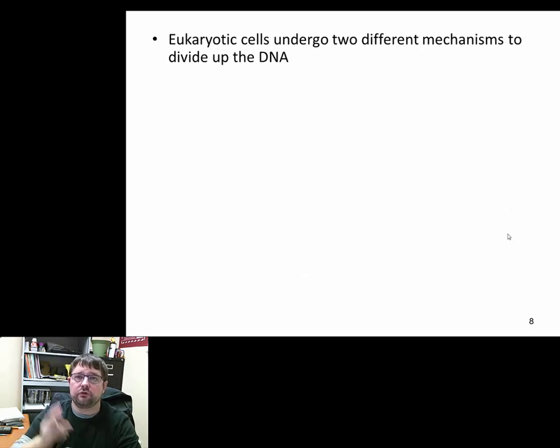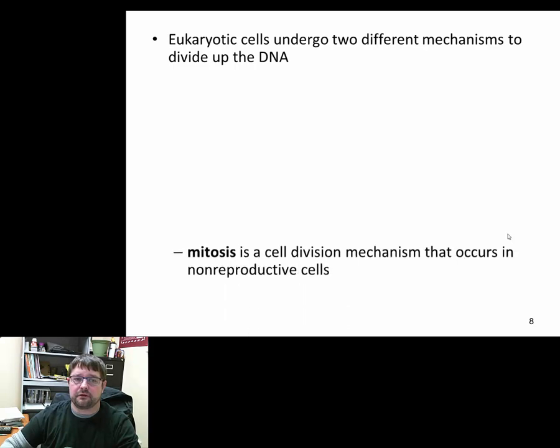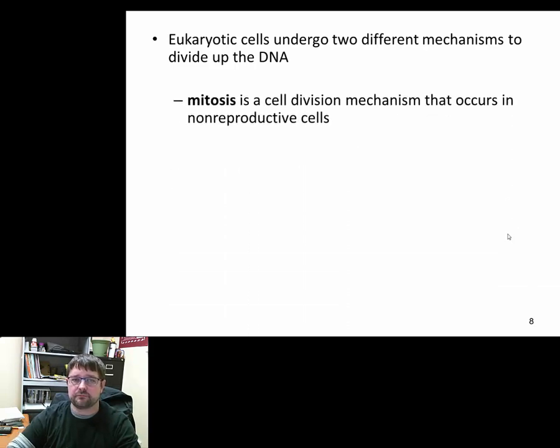So there are two separate mechanisms for dividing up DNA. The first being mitosis, and that is the mechanism that would help divide non-reproductive cells. Now I want to make sure, even though I occasionally do this myself, and sometimes in the writing it looks like mitosis is cell division.